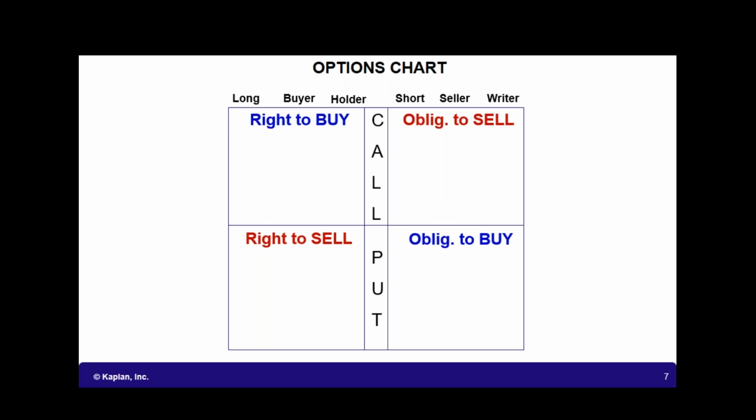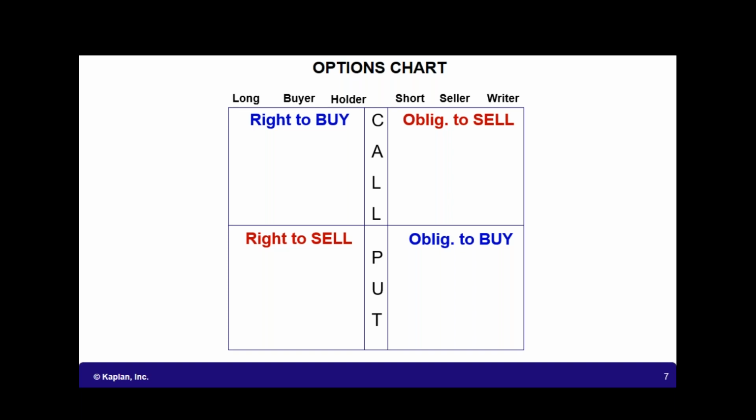We're going to sell to the other guy on the other side of the contract. The other side of the contract will be obligated to buy. The one good thing about options, a lot of it is basically the opposite. If one has the right to buy, the other one must be obligated to sell. If one side has the right to sell, the other side is going to be obligated to buy from the seller.